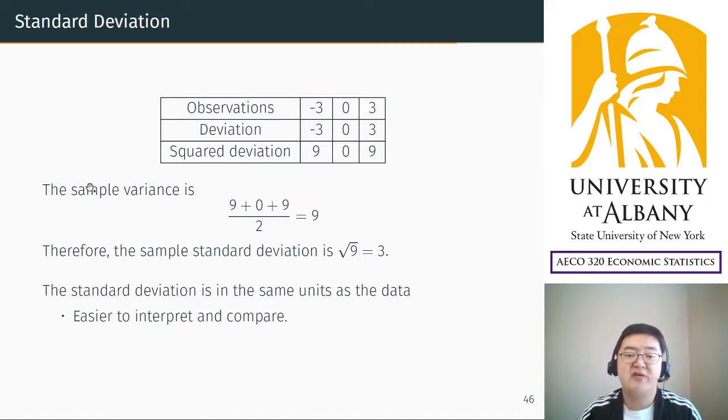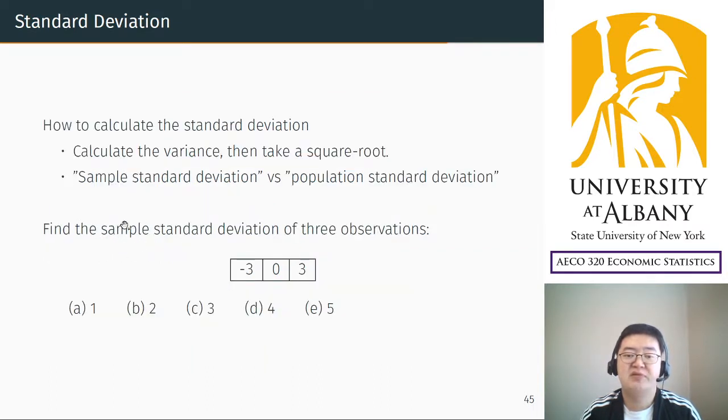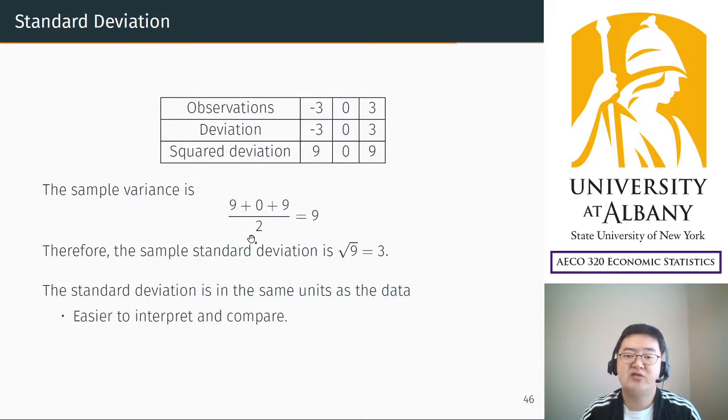And the sample variance, by the way, I asked you to calculate the sample standard deviation, which means the denominator has to be n minus 1. The sample size is 3, so you have to divide the sum by 2. So sample variance is the sum of square deviations divided by n minus 1.